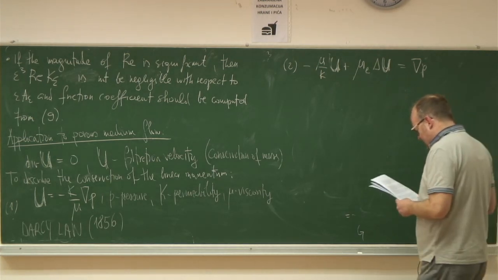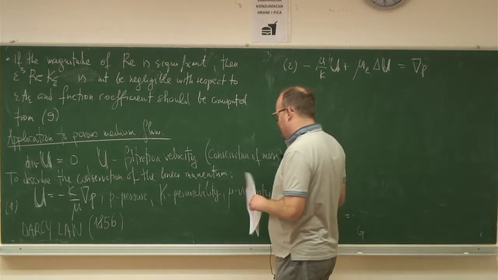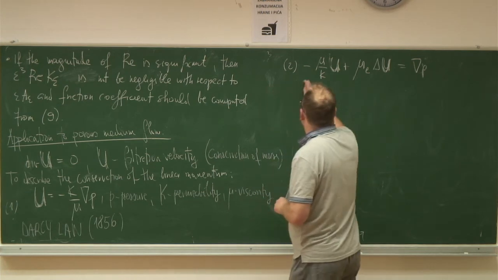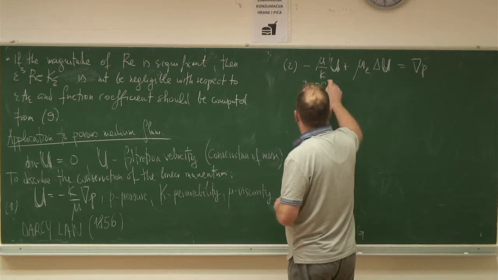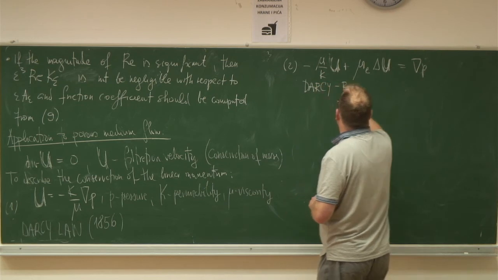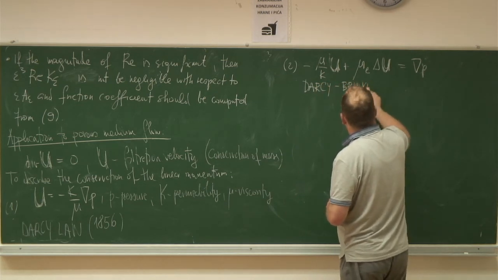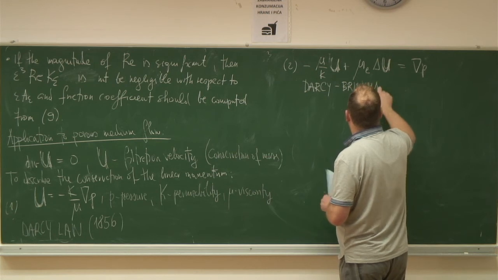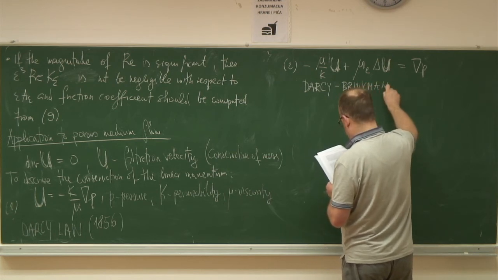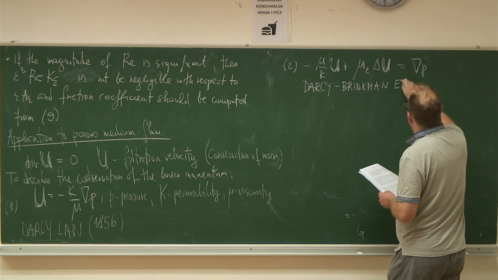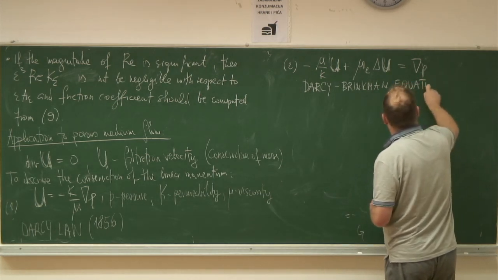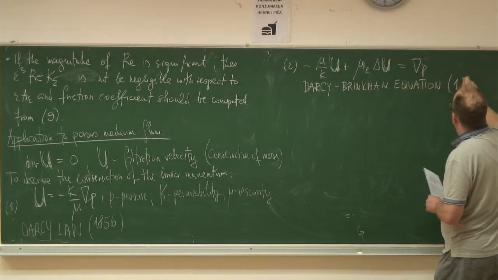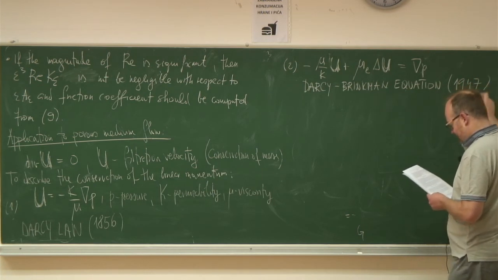So this is the Darcy-Brinkman law, or Darcy-Brinkman equation, proposed by Brinkman in 1947.